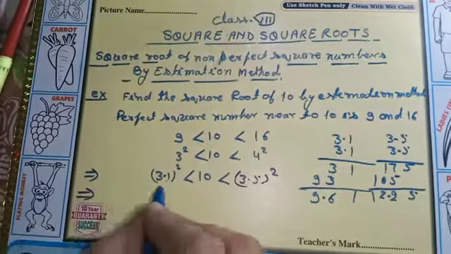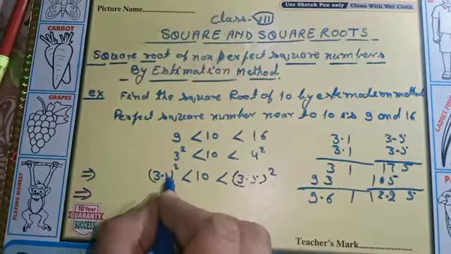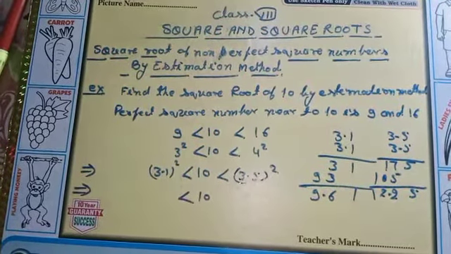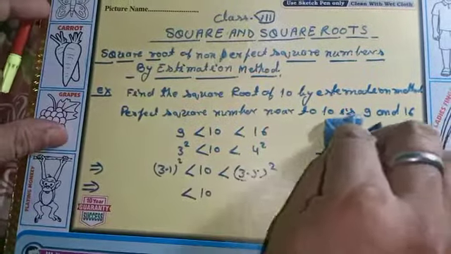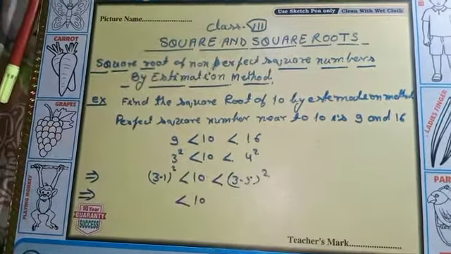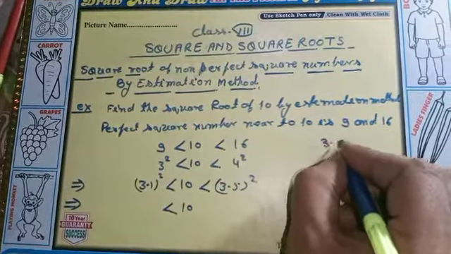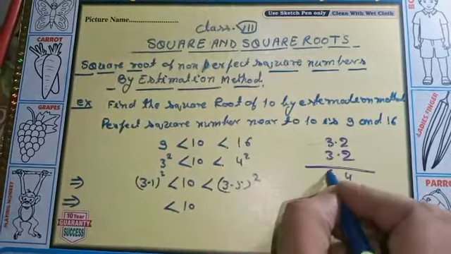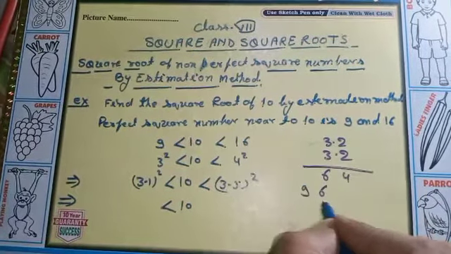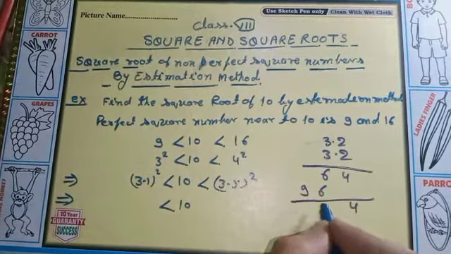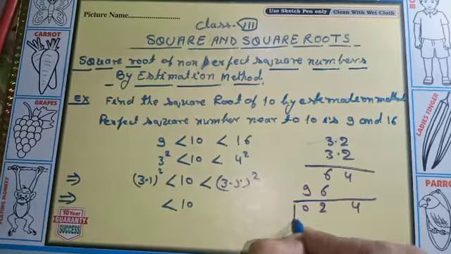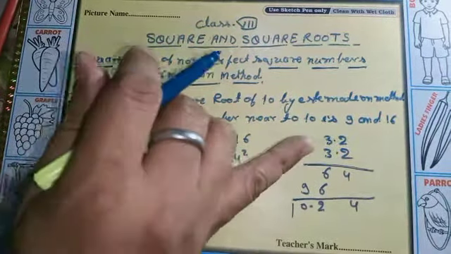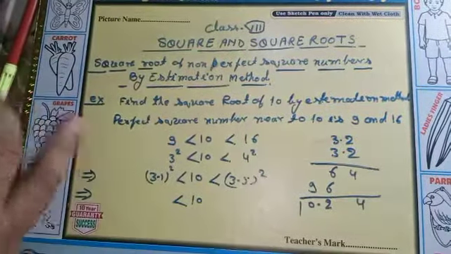Now second, again we increase from 3.1 to 3.2. The square of 3.2 is 10.24.